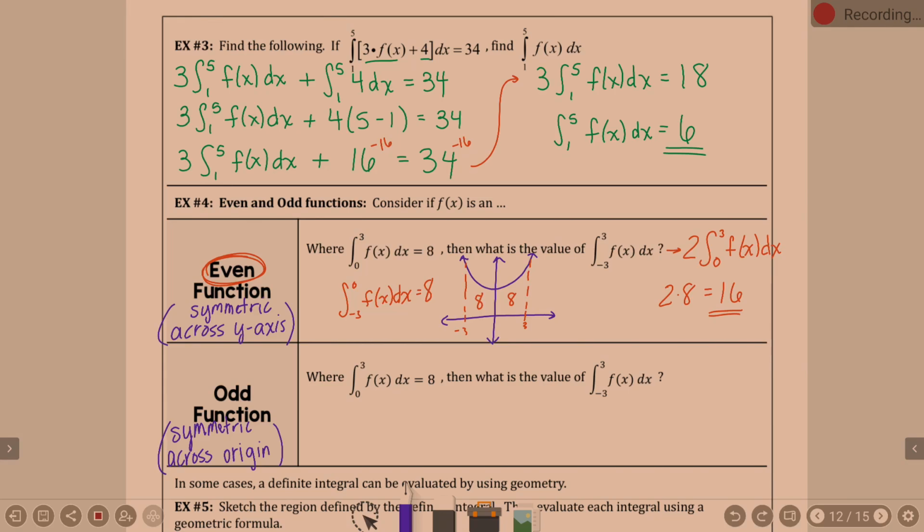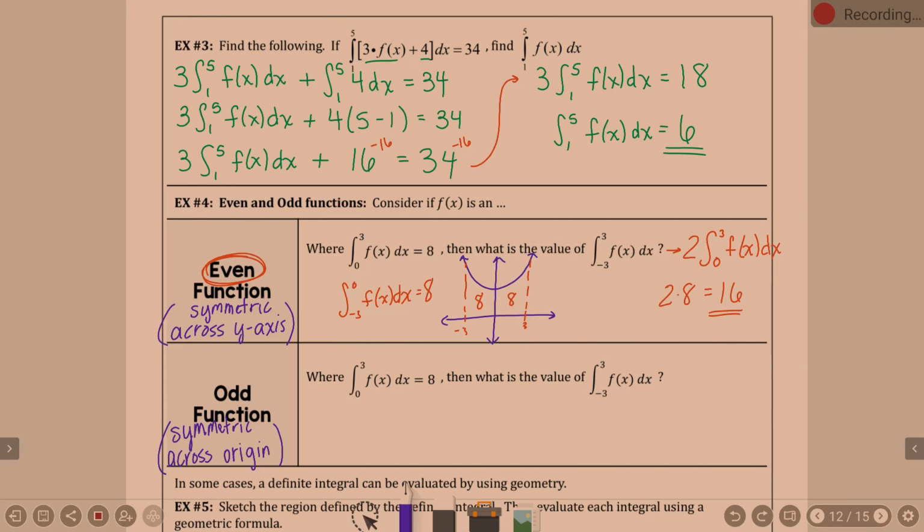Symmetric across the origin is where your diagonal pieces match up. I also, at the time, talked about it being a 180-degree rotation. If you folded these two corners together, maybe it's a square.